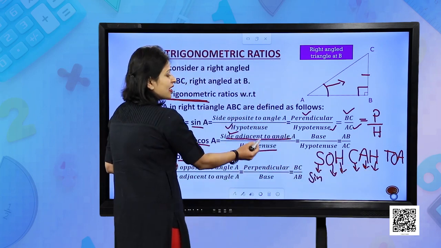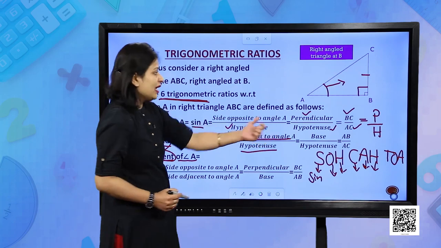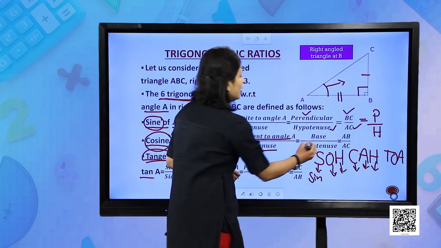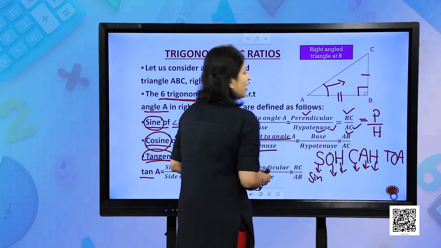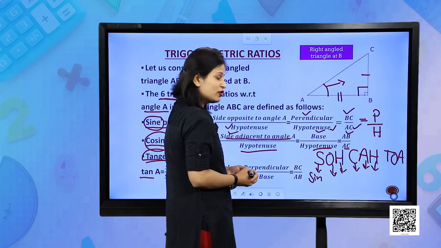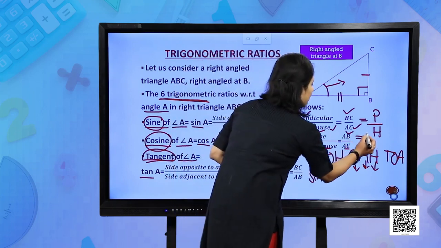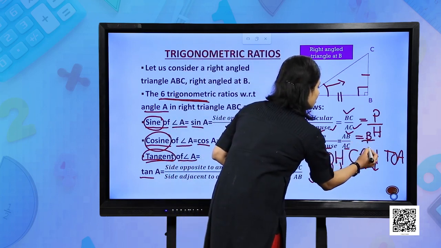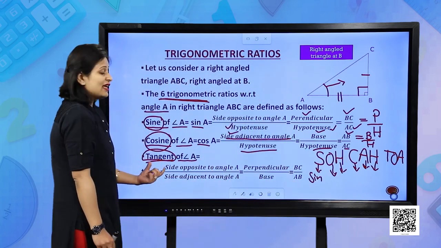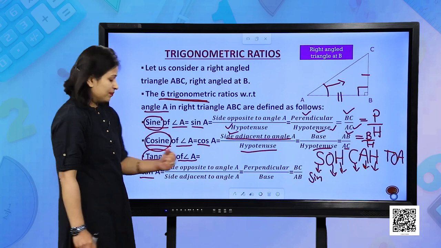So, adjacent side to angle A is what? AB, which is also the base, and AC is the hypotenuse. So, we can also write it as base upon hypotenuse.